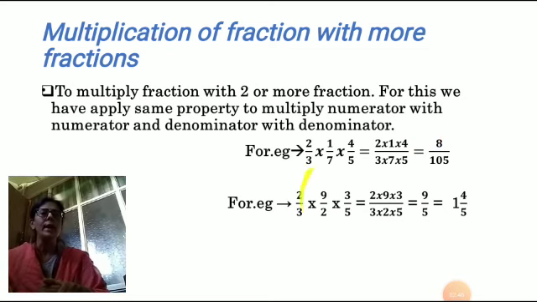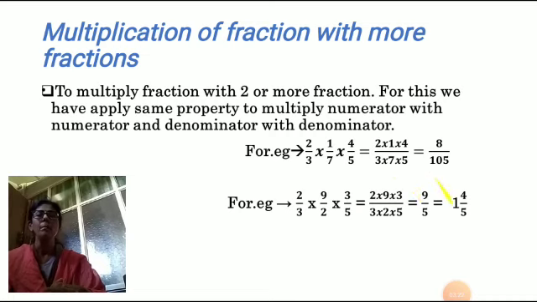Now one more example. Suppose 2 upon 3, 9 upon 2 and 3 upon 5. First of all, as you all know, we multiply the numerators, so 2 multiplied by 9 multiplied by 3, and then the denominators, 3 multiplied by 2 multiplied by 5. Now you can check, some numbers are the same, so we can cancel 2 with 2 and 3 with 3.